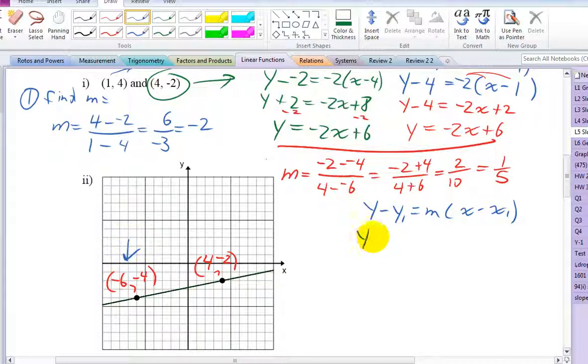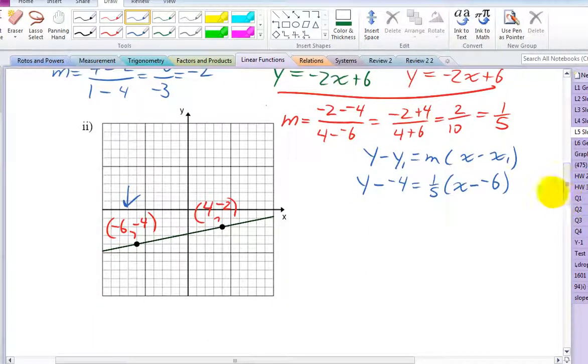So y minus negative 4 equals 1/5 (x minus negative 6). Okay. So first step is I would fix your signs. And so you should get a +4 and a +6.